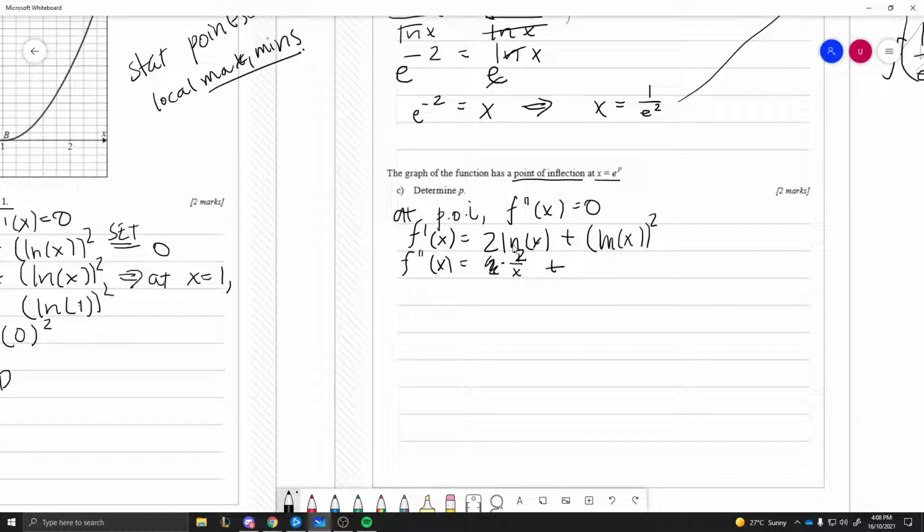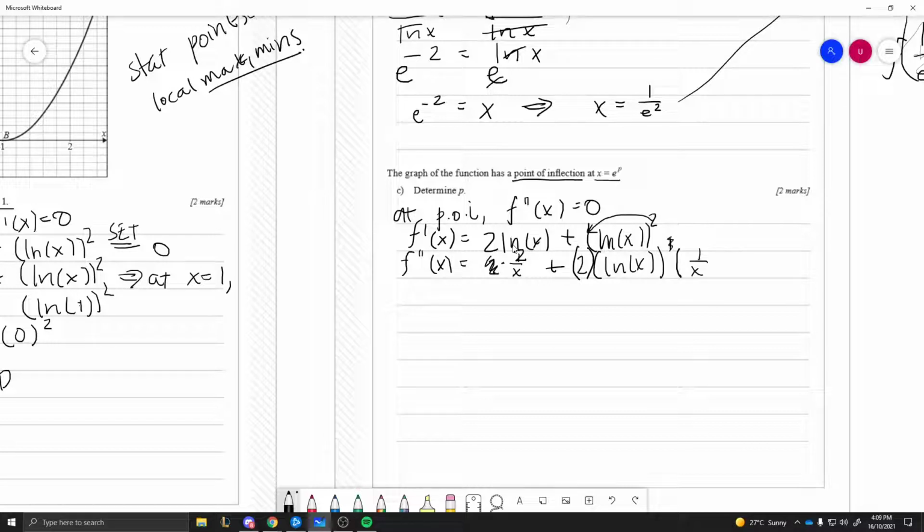With the chain rule, you can do it whatever way you'd like, but usually what I do is bring the power to the front and reduce the power by 1. So I'd bring 2 to the front, then this function with the power minus 1, so ln of x to the 1, which is just ln of x, and then the derivative of the inside function, 1 over x.